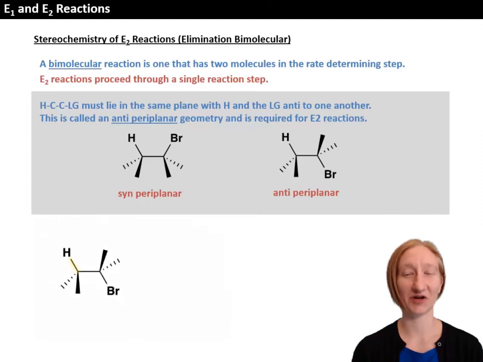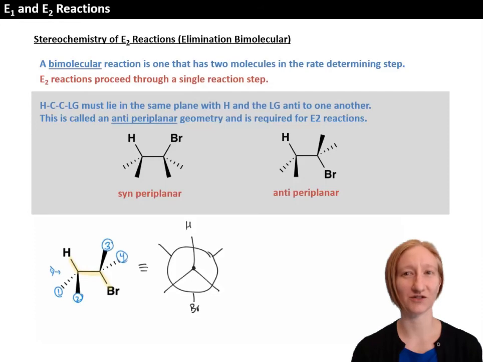Again, in the anti-periplanar orientation, the hydrogen and the leaving group, here the bromine, are in the same plane and on opposite sides of the structure. This planar geometry is required for the interacting orbitals to align. And the anti-periplanar arrangement is most favorable because it places the hydrogen and the bromine, or the leaving group, in a staggered conformation, which we can most easily see using a Newman projection.